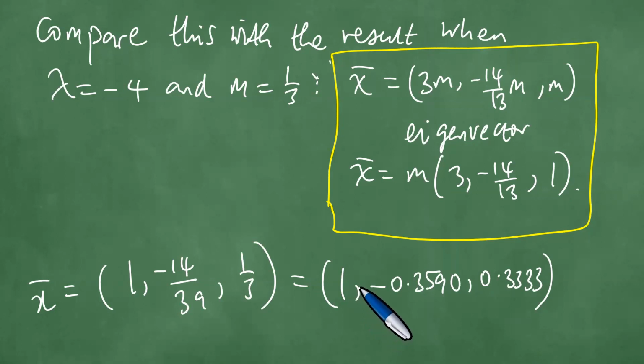Now, observe that this is very important: this M comes from the actual calculation process of the eigenvector. In other words, for lambda equal to -4, this is the eigenvector, 3, etc. You can just choose the M, it's a common factor.